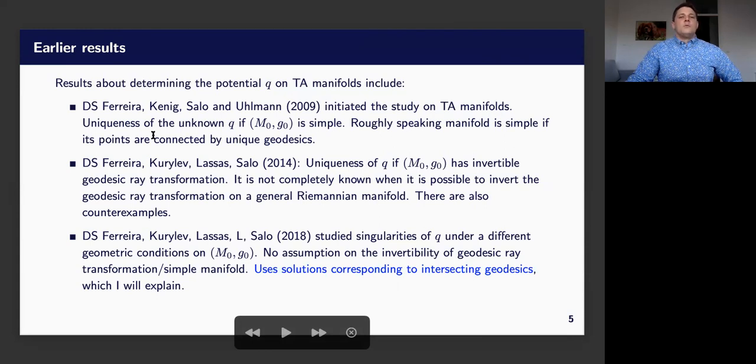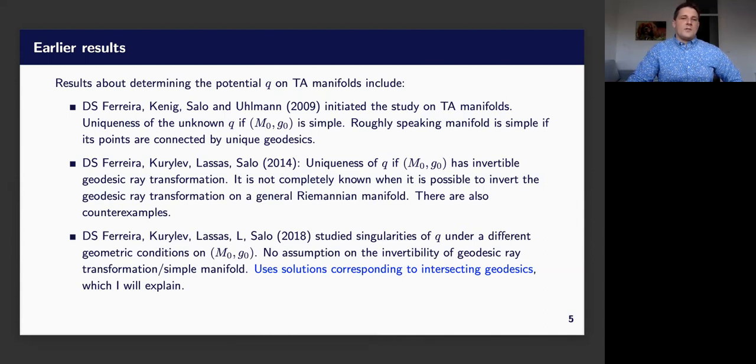They were able to prove that if the transversal manifold, recall that (M_0, g_0) is the transversal manifold, is simple, then they can recover the unknown potential q from the DN map. Roughly speaking, a manifold is simple if all of its points are connected by unique geodesics.